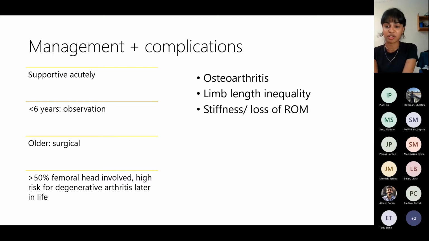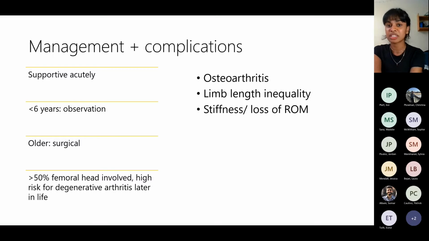Exactly, they do get osteoarthritis as well. And they can sometimes have a limb length inequality, because the femoral head is literally eroded when it's really severe. Generally they can get stiffness later in life, even after surgery, and reduced range of movement of that hip. So that's basically it for Perthes.